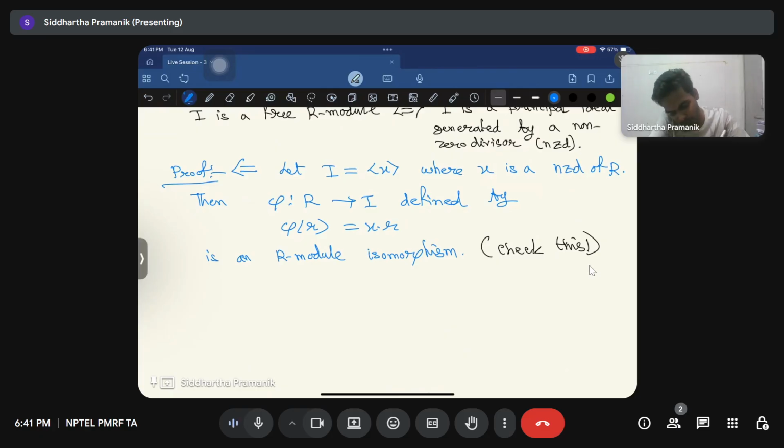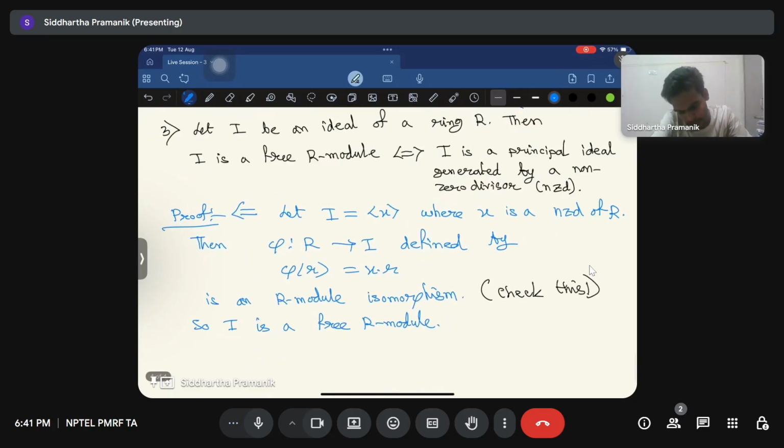So it is isomorphic to R as an R module, and R is a free R module. So I is a free R module. So one side is very easy. Now let's prove the non-trivial part. That is also not difficult, but let's prove this.